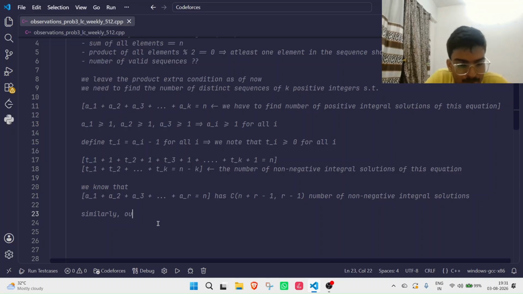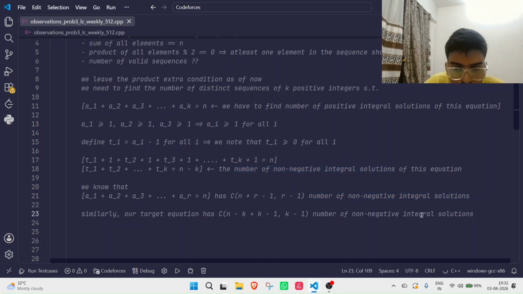Similarly, our target equation with the ti has n, where n is this, n plus r minus 1 C r minus 1, equal to n minus 2 C k minus 1, the number of non-negative integral solutions.